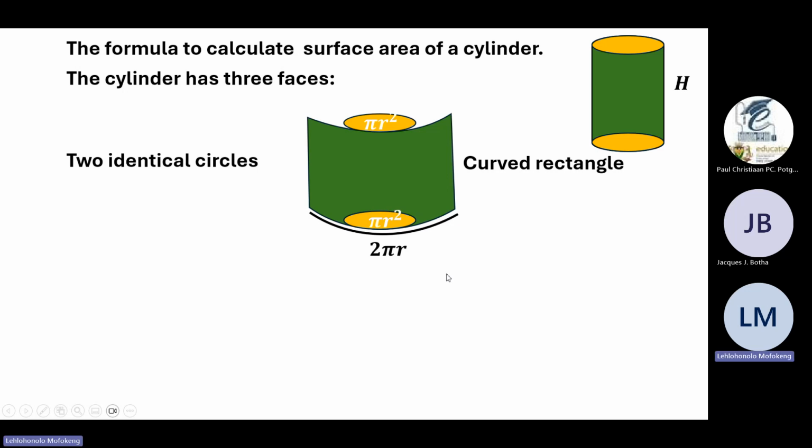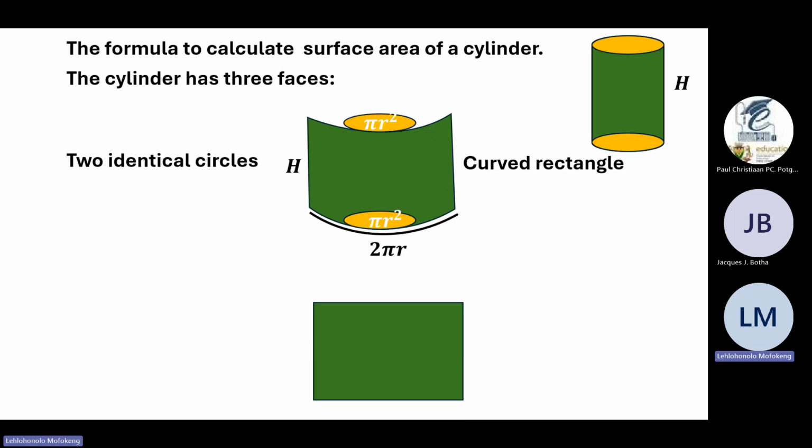And then again, we will have the height of this curved rectangle as our breadth. Therefore, we are now having the length and the breadth, and then it will be easier for us to calculate the area of the curved rectangle. This is what you'll see basically after opening that curved rectangle.